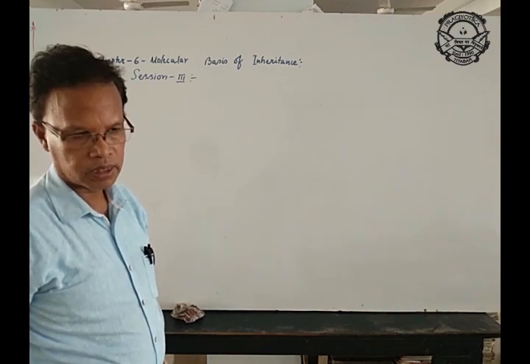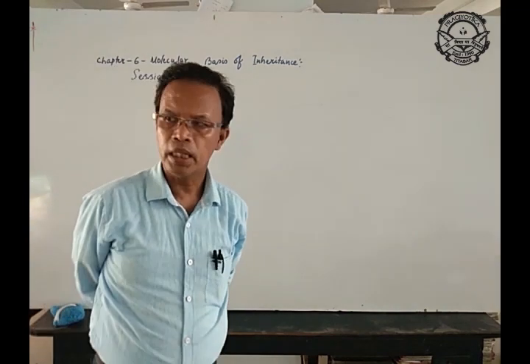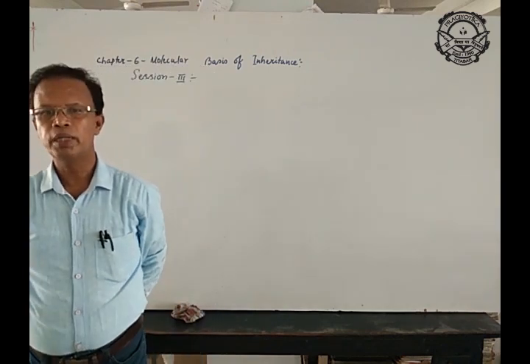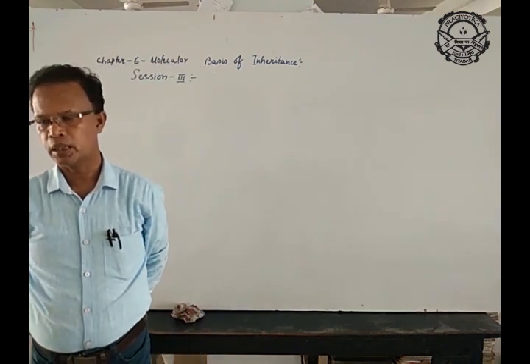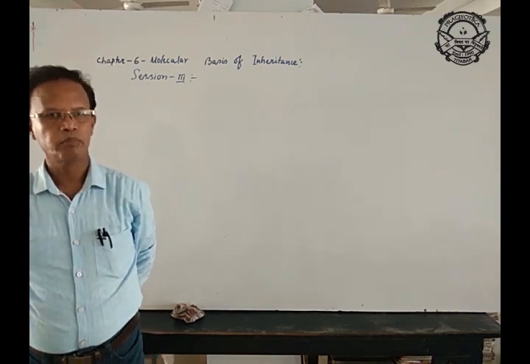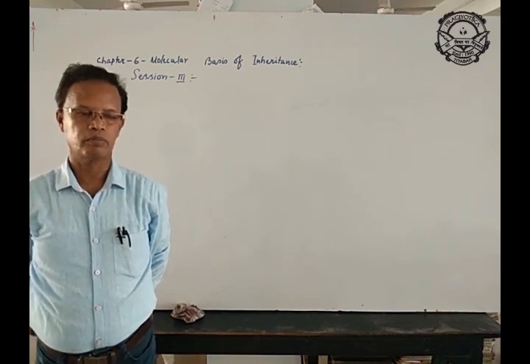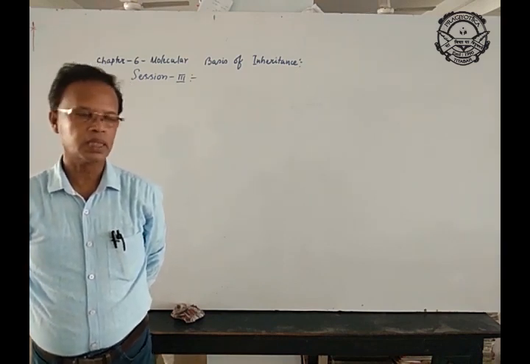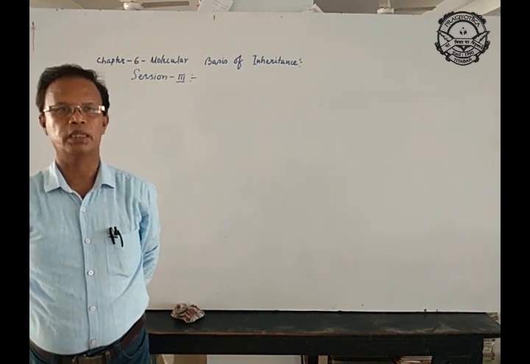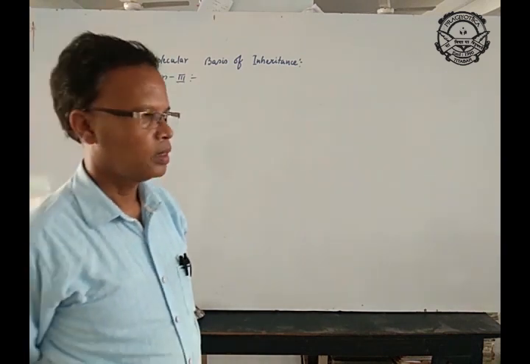That was the first chemical difference. The second point: in DNA, the purine bases adenine and guanine are present, and this is true for RNA as well. Both have the same purine bases. The difference we find between RNA and DNA is in the pyrimidine bases.